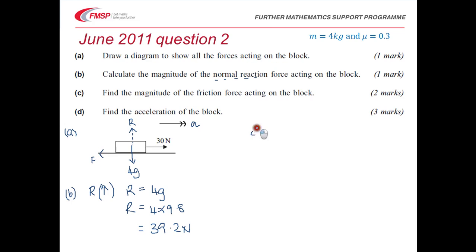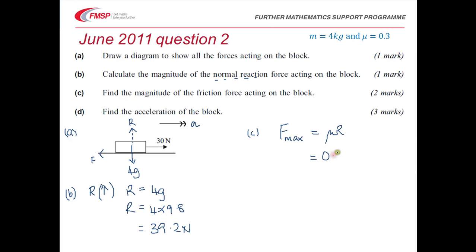So we'll then move on to part C, where we're asked to find the magnitude of the friction. What we need to remind ourselves is that it is accelerating. So the friction is going to be at its maximum, and friction therefore will be equal to mu R. Now remember, we were told that the coefficient of friction is 0.3.